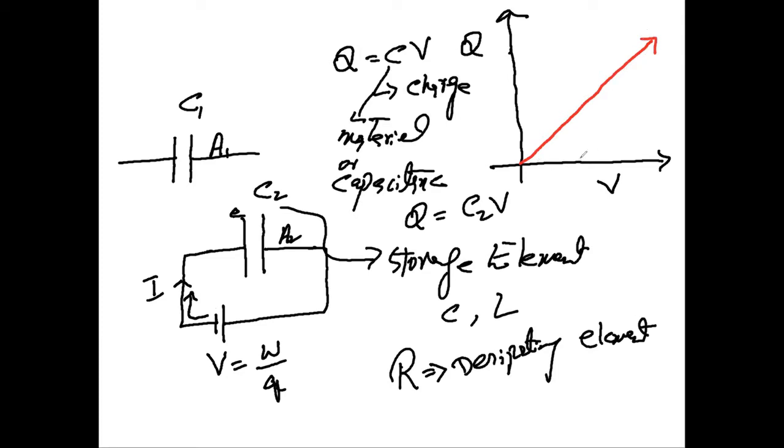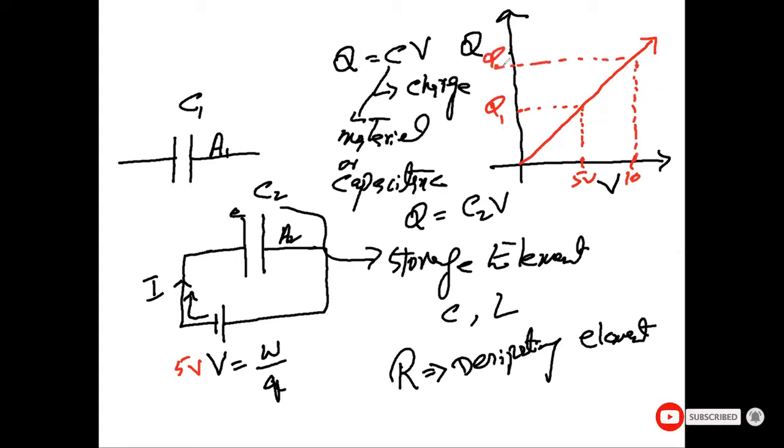If you supply a 5-volt potential, then initially there will be 1 charge, 2 charge, 3 charge, 4 charge, and this amount of charge will be deposited on the capacitor. That is, let's say Q1. So if you apply 5 volts, Q1 charge will be deposited over here. If you apply 10 volts and the capacitor is the same, then Q2 charge will be deposited.